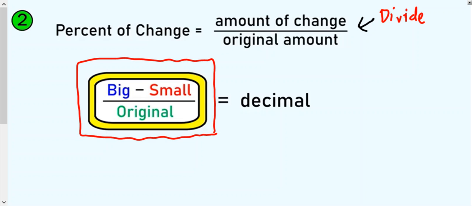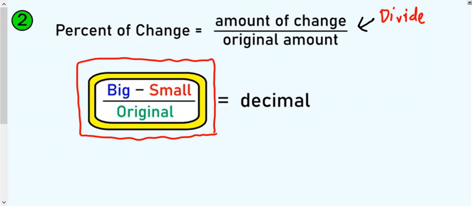We're going to be subtracting the small number from the bigger number, and then we're going to be dividing by the original number. Okay, so our original number is going to be very important because that's going to be our divisor. That's what we're going to be dividing by.